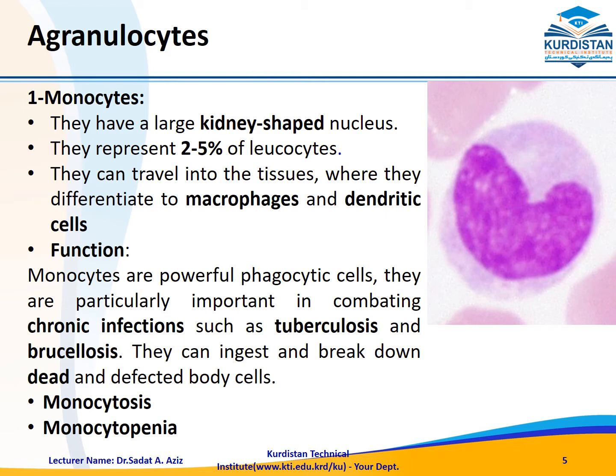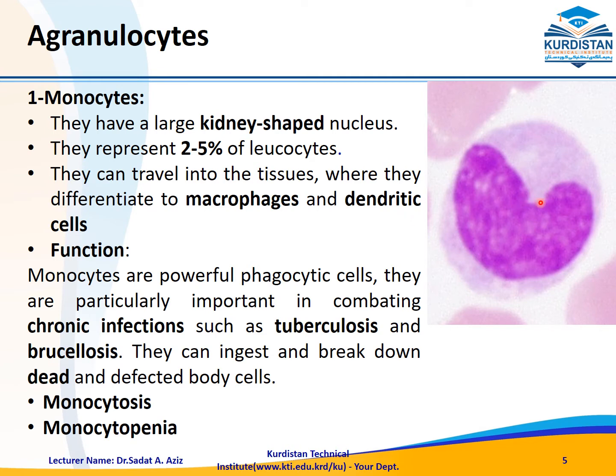So while agranulocytes can be classified into monocytes and lymphocytes, the monocytes are characterized by having a kidney-shaped or bean-shaped nucleus. Normally about 2 to 5% of the circulated leukocytes are made of monocytes.